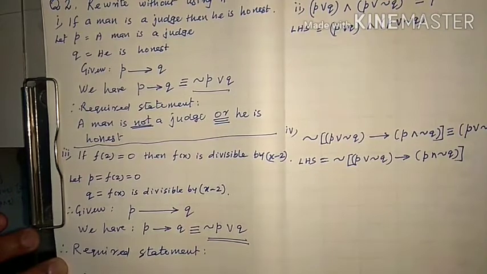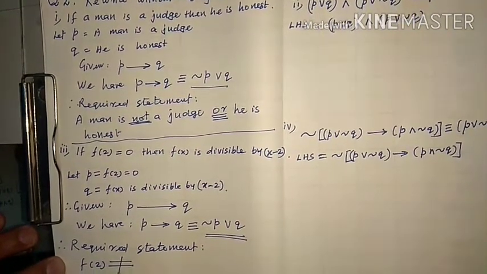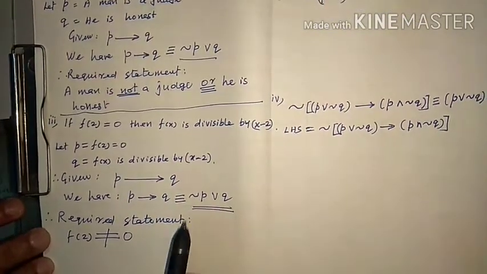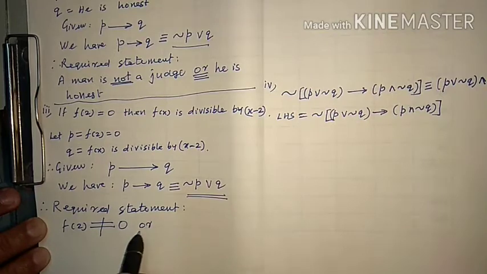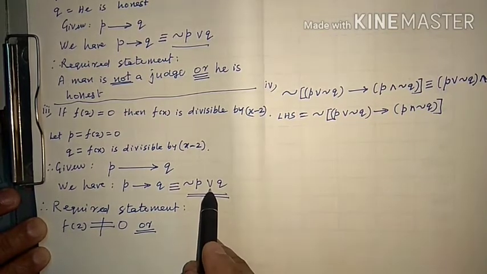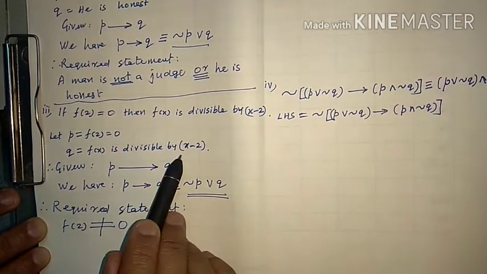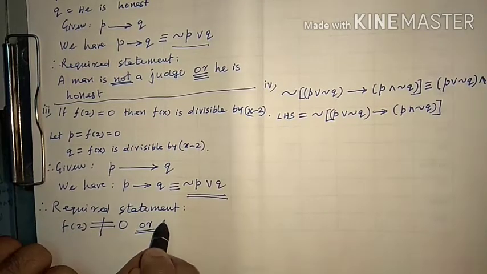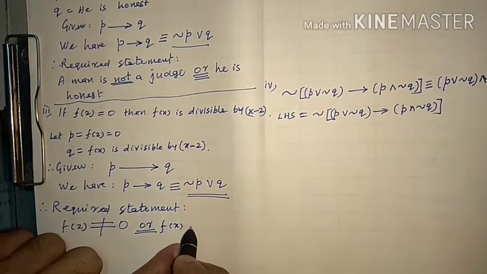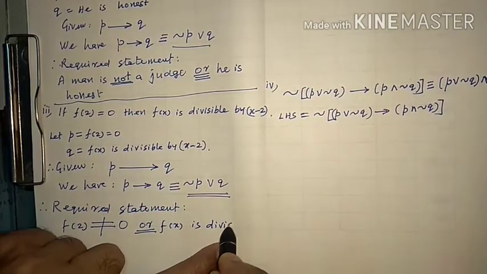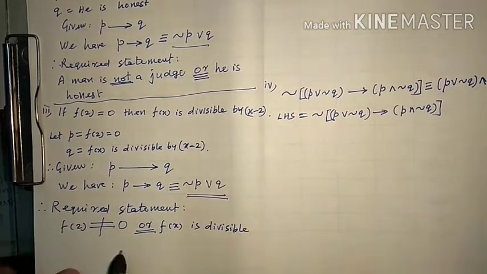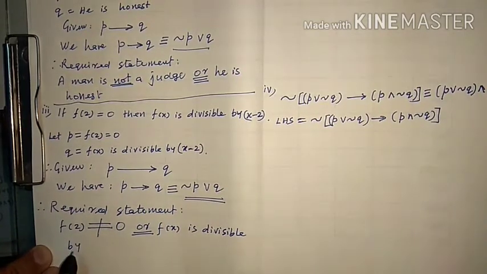What is the required statement? f of 2 is not equal to 0, or Q: f of x is divisible by x minus 2.